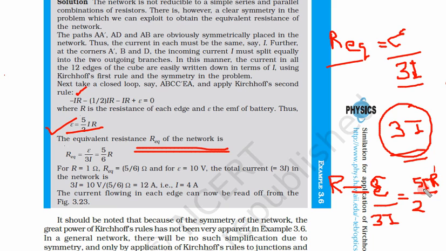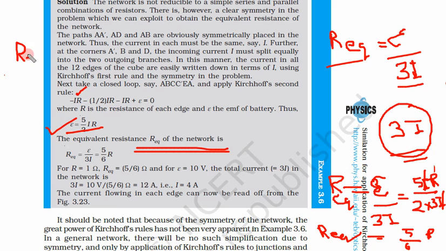This is the value of epsilon, 5 by 2 IR, and below we have 3I. So I and I cancel. So 5 by 6 R: 5, 2 into 3, 6 R. So R equivalent is equal to 5 by 6 R.